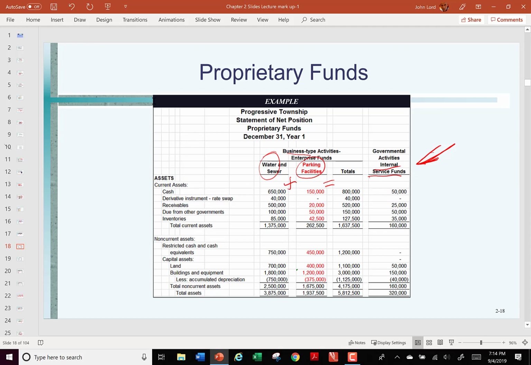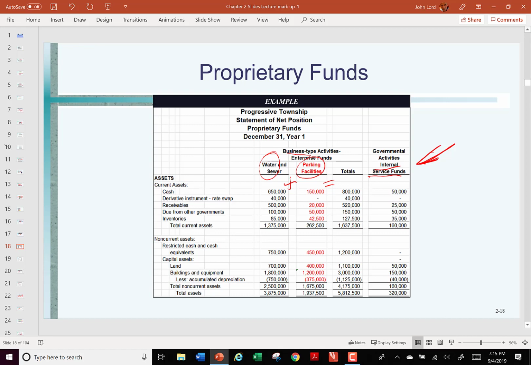Typically, with an internal service fund, you're dealing with those inside the government, thus an internal service fund. Now, there could be some internal service funds where they treat it like business type activity, but that's the exception. Okay, so when you pay your electrical bill, not PG&E, but if you're paying it to some government named entity, that's going to be an enterprise fund.